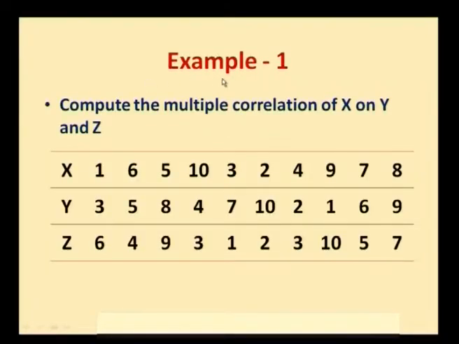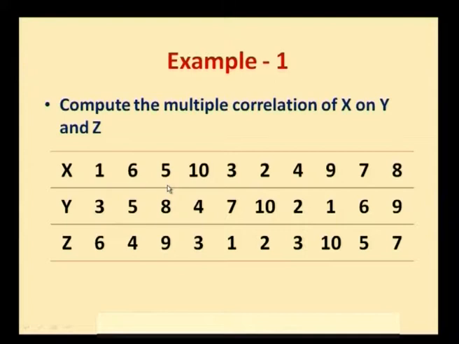Now if we look at the problem as far as multiple correlation is concerned, we have to specify what kind of correlation we are interested in. By looking at a trivariate problem, we may sometimes require a pairwise correlation alone, which handles 3 different pairs, sometimes the partial correlation, or sometimes the multiple correlation.